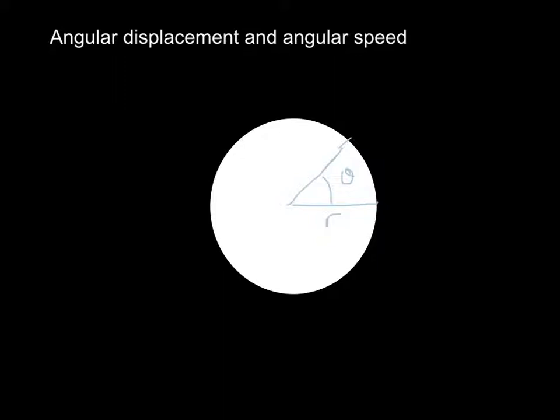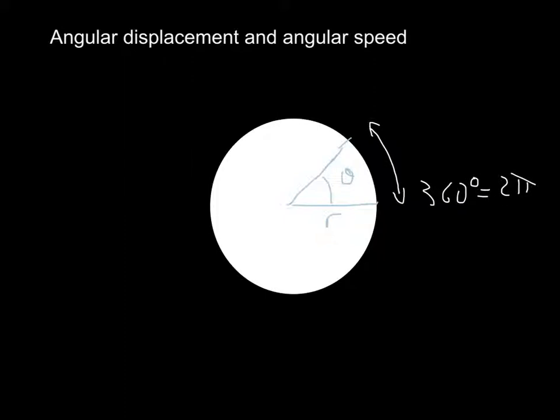Now, the first thing that we need to know is that we're not going to use degrees for the angle, we're going to use radians. And we've talked about radians before, but let me just give you some motivation for how they work. The idea is that if I go all around this thing, this is 360 degrees, which is equal to 2 pi radians.